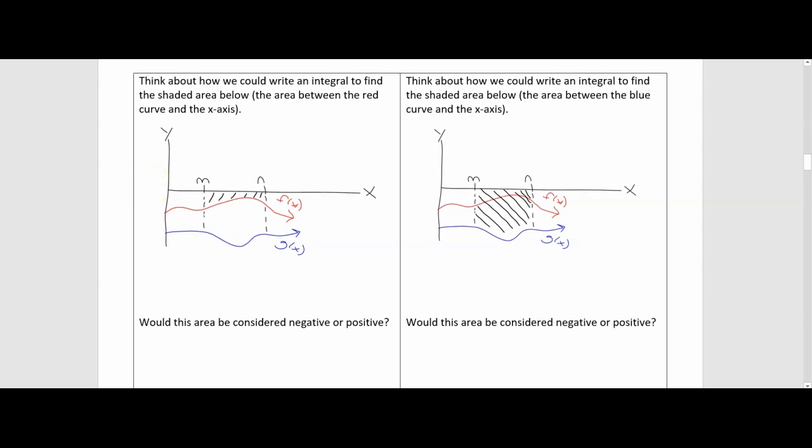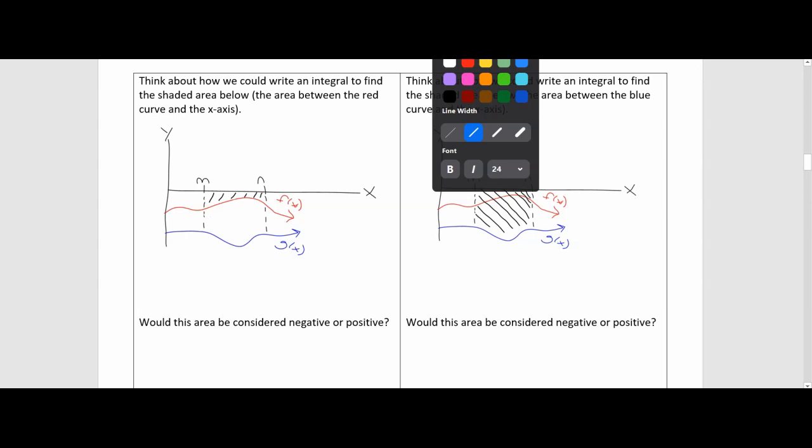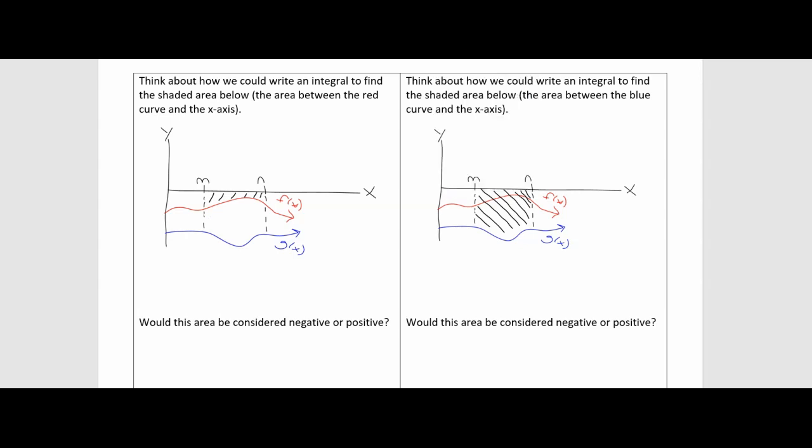Okay, so if I'm finding the area between f of x and the x-axis, well, area is equal to the integral on the interval m to n of f of x dx. Well, this area is going to be negative, right? That area is beneath the x-axis, so we would consider it negative.